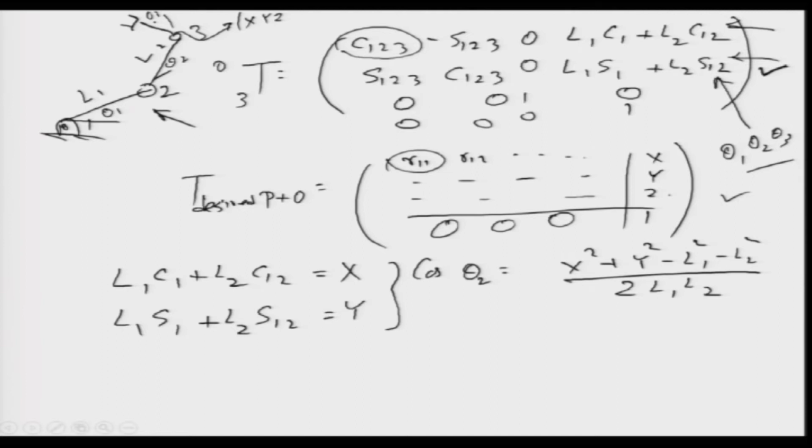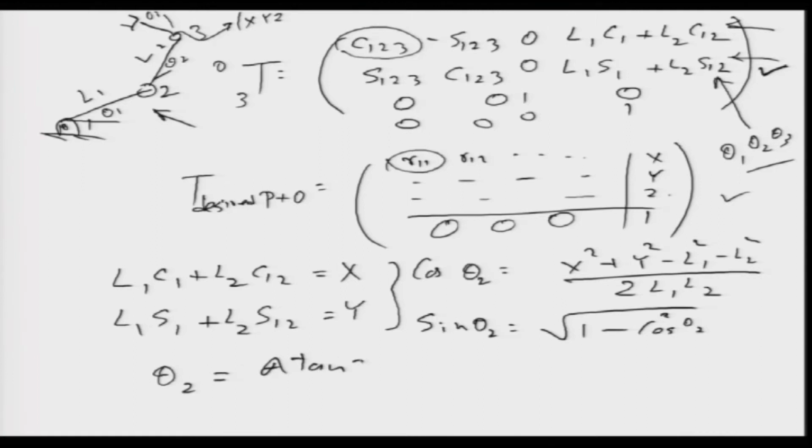So, from here we can find sin theta 2 as root over 1 minus cos squared theta 2, and we use the function atan2. So, theta 2 is equal to atan2 of sin theta 2 and cos theta 2, and this is essentially done to get the two positive values.